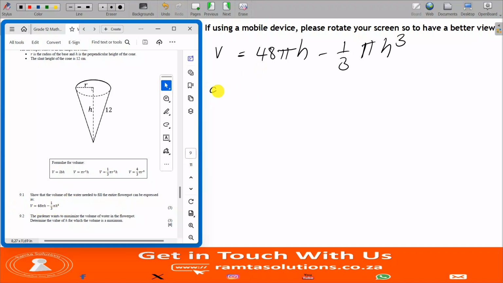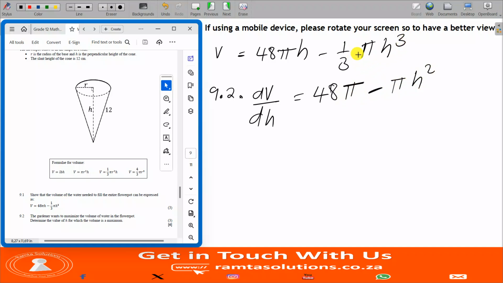Now, 9.2: the gardener wants to maximize the volume of water in the flower pot. Determine the value of h for which the volume is a maximum. Here we will use dV/dh, as the volume formula varies with h. dV/dh is 48 pi minus pi h squared.